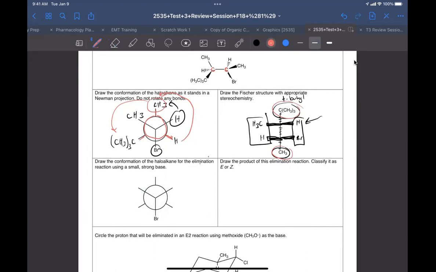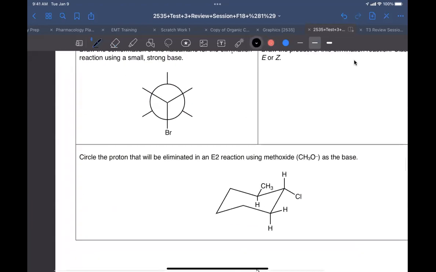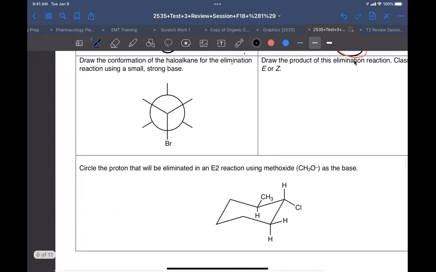Let's try throwing a different structure. So ignore this top part for now. Let's just have a plain E2 reaction. So for our initial Haworth structure, Br, and let's just make these H's. Let's make it super simple.